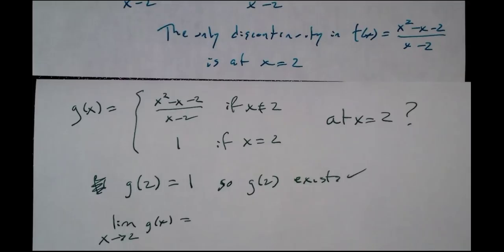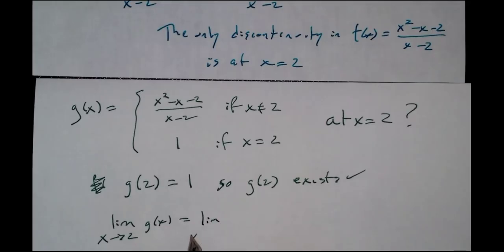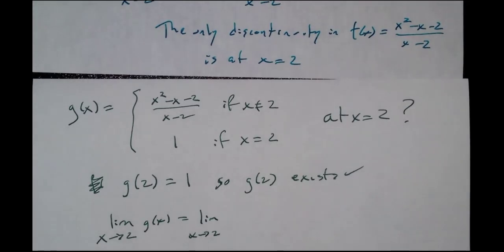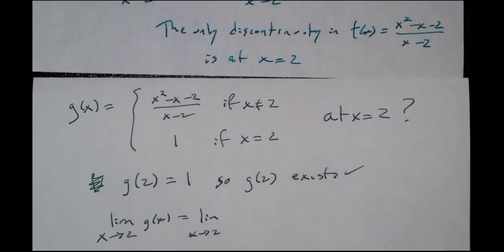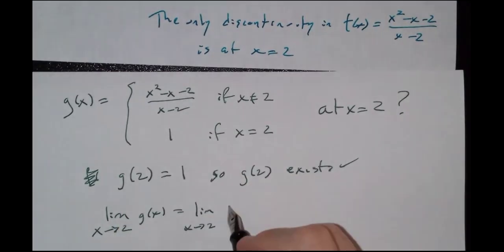How do we know? When we're approaching 2, that means we're not using 2, right? We're using all the other parts. We're looking at what happens as we come in from either side. So I'm not using 2. That means I'm using this function.